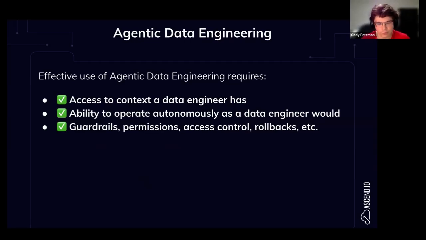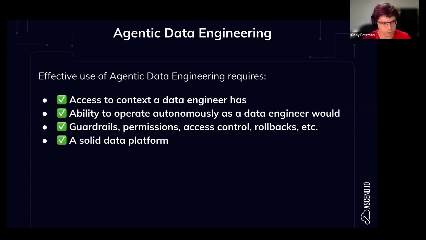A ton of guardrails, permissions, and access controls, the ability to do rollbacks, all the standard things that you would want in a data platform, which leads me to, you need a solid data platform. An agent operating in a cobbled together or very hacky stack isn't going to do a ton better at figuring that out than a human is. In fact, it's probably going to do a lot worse.